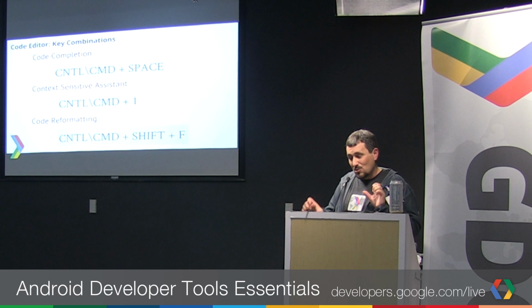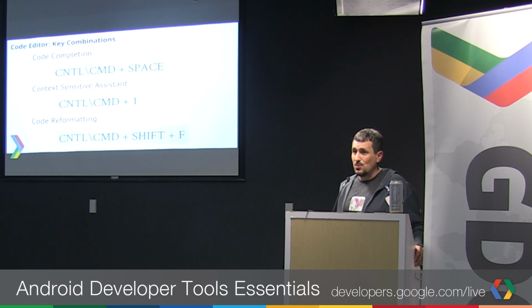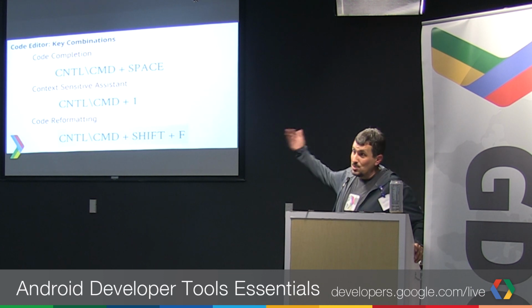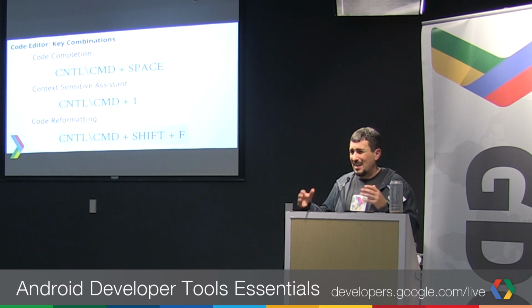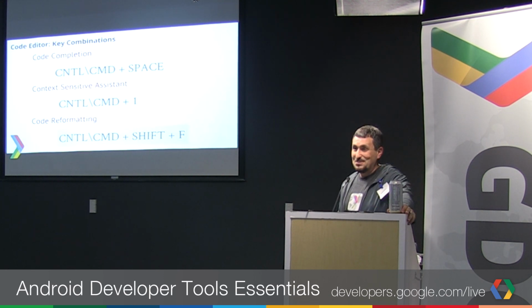Type android:width equals, Control-Space, and it'll give you the list of all your different options. That works in both Java and XML, and I'm sure you already know about that one. If you don't, it will probably change your life.